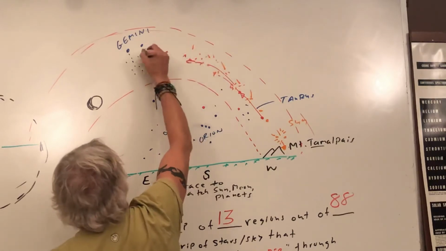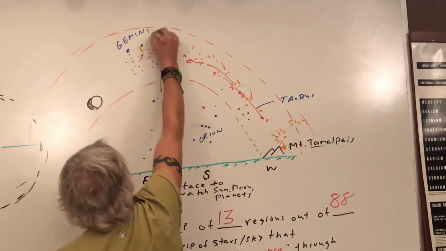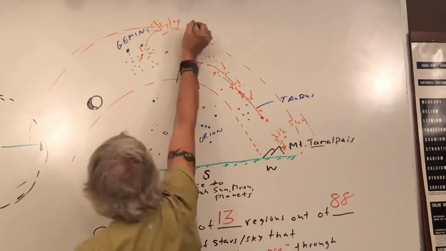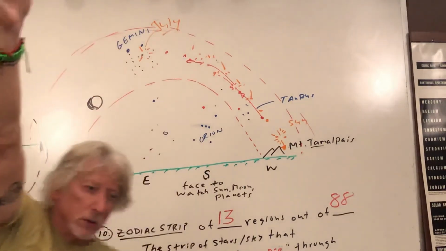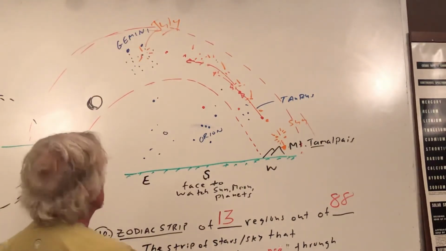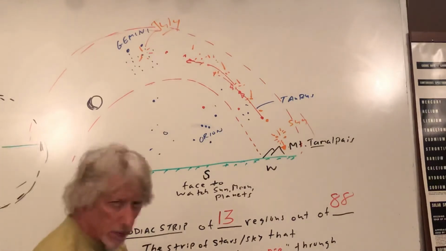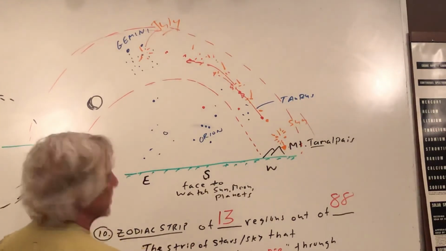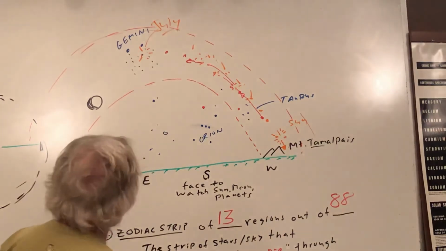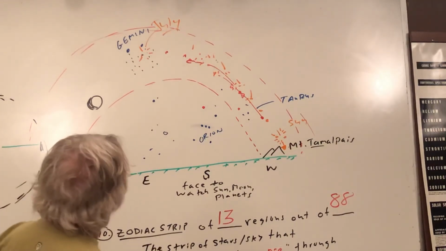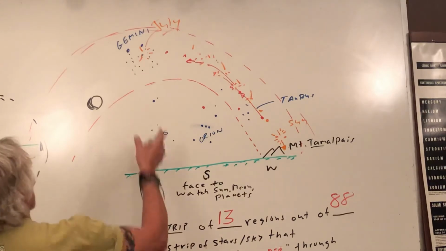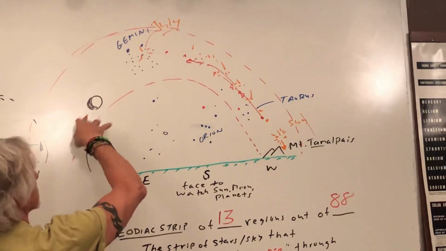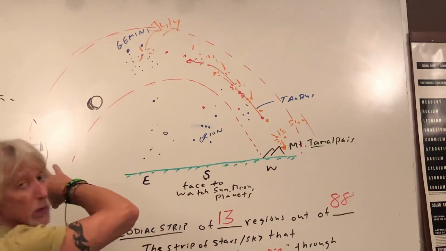Sun is in front of Gemini in July, not June. Why? Because Earth wobbles. About 2,000 years ago it was in front of Gemini then. Okay. And then you've got Cancer, and then you've got Leo.